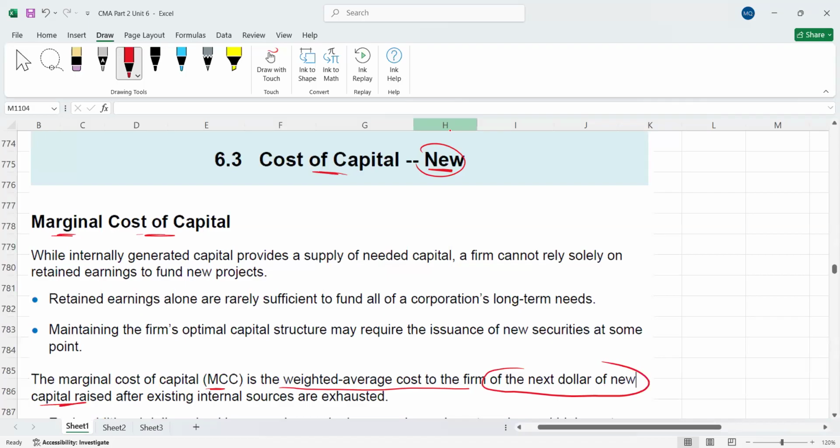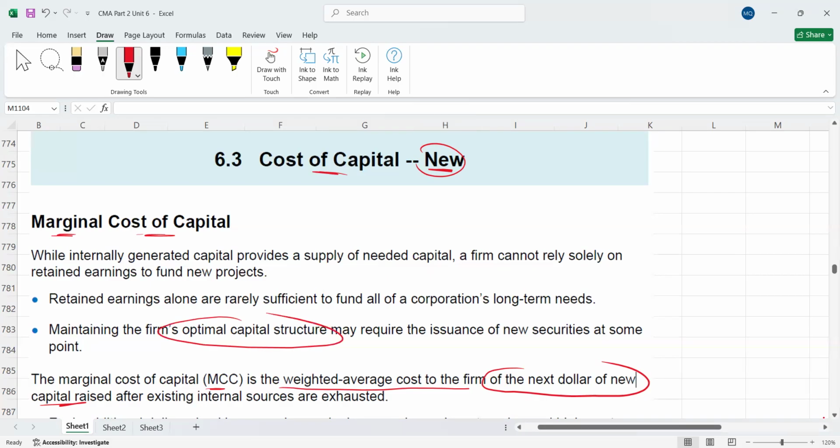That is why we are going to see how to calculate the cost of capital if you are going to raise finance from the new issuance of securities. You may issue debt, or preferred stock, or common stock to fund your capital project. And here we are assuming that the company will maintain its optimal capital structure.